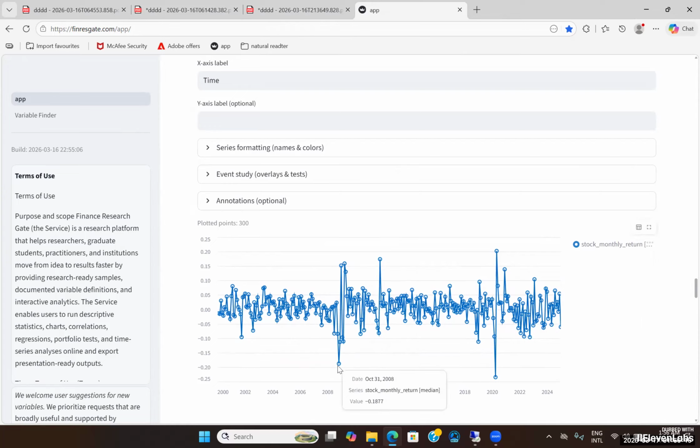Now, if you take a moment to observe here, for instance, during the time of the financial crisis, in that specific period, we experienced quite significant market volatility. So it seems that during times of crisis, firms generally tend to experience abnormally negative returns, and consequently, these negative error shocks centered around the mean are followed by a period of significantly greater volatility.